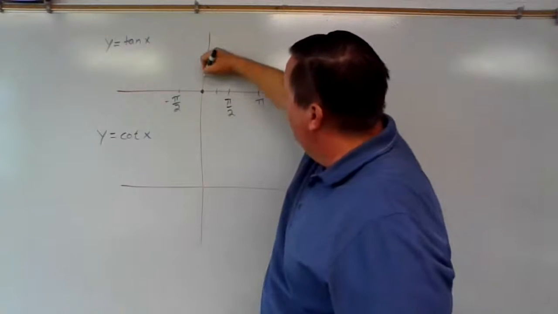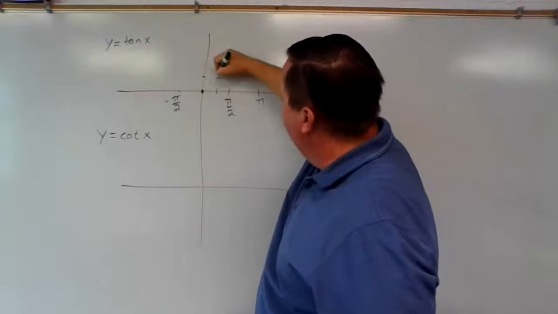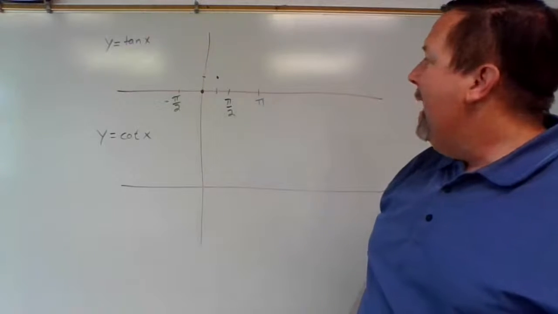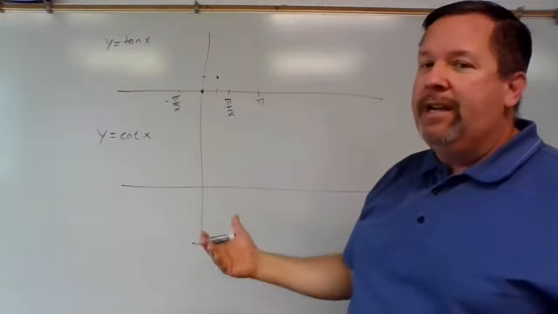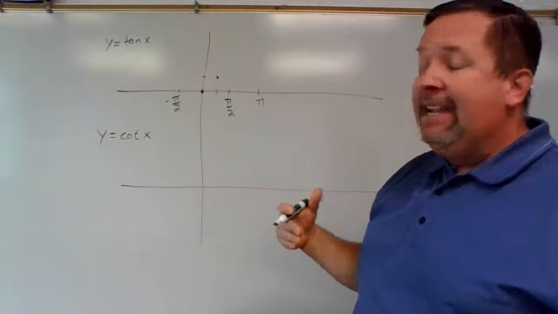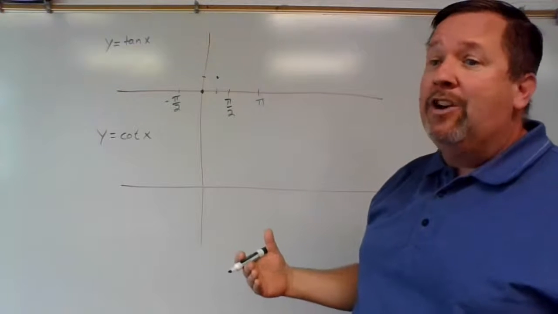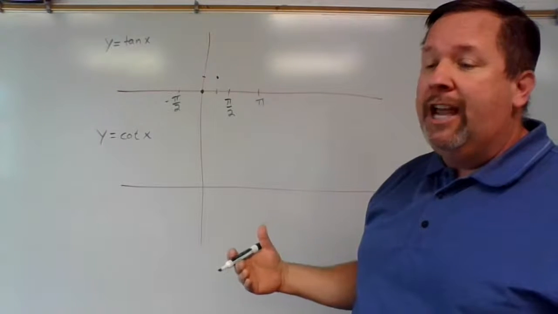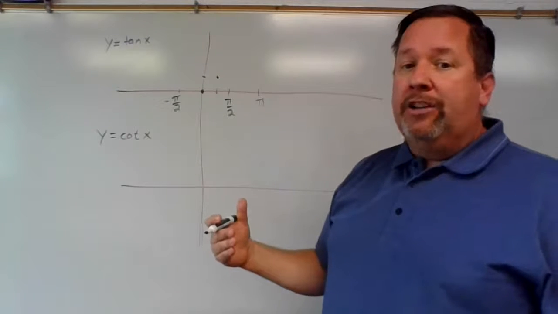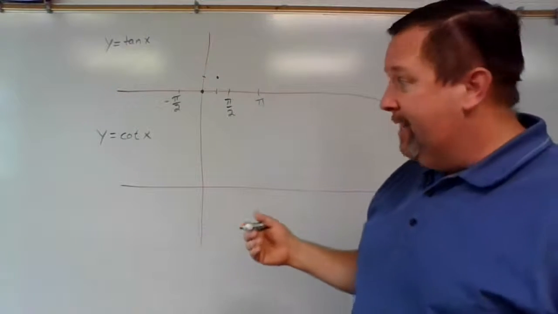All right. So if I made a 1 here, that would be tangent right there. At pi over 2 or 90 degrees, if you do the math, you're going to see that tangent of x is undefined. We can't graph it. All right. And it turns out, you guys might remember, a lot of times when we had undefined on the graph, it turned out to be a vertical asymptote. It is here.